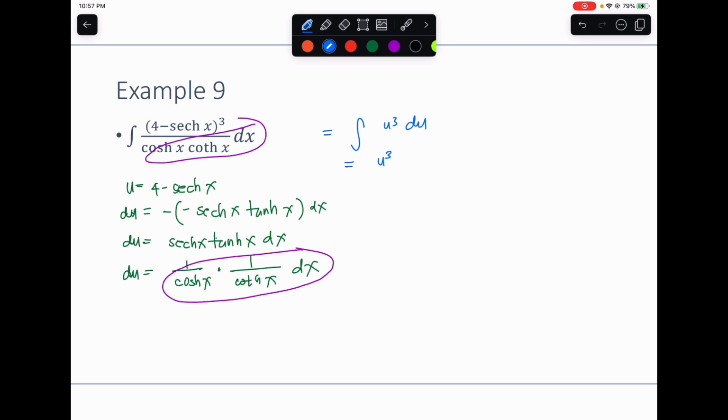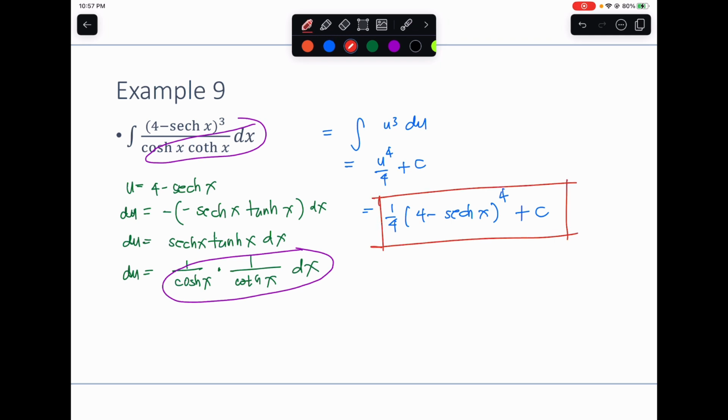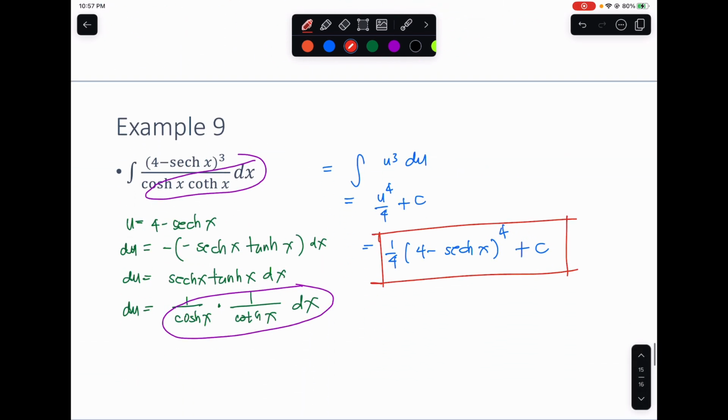And thus this would be u raised to 4 divided by 4 plus c, or 1/4 times 4 minus hyperbolic secant of x raised to 4 plus c. And that makes the examples for hyperbolic functions.